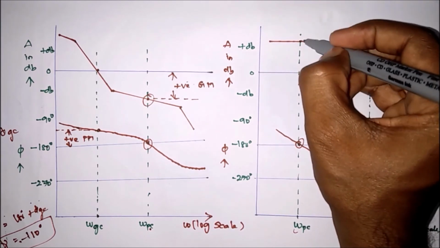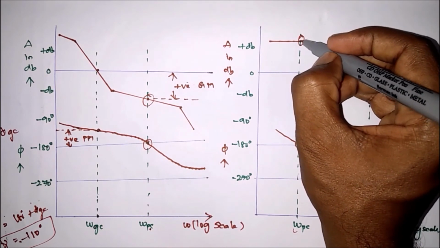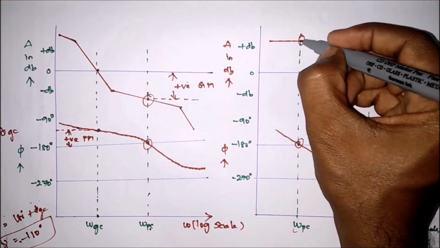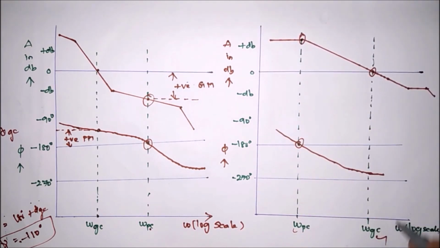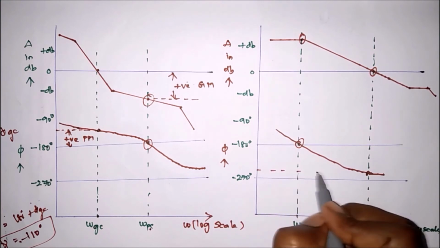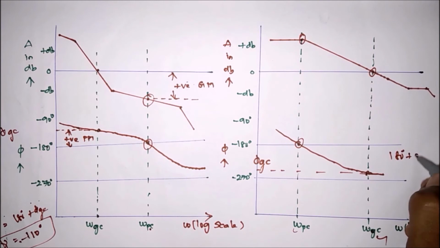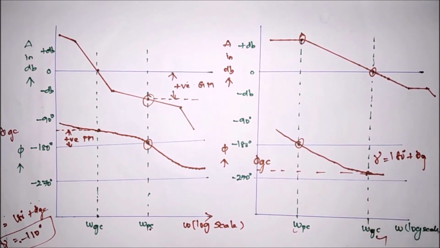The magnitude at the phase crossover frequency is the gain margin. So this is the gain margin value. At the gain crossover frequency, the corresponding phase angle is phi GC. From phi GC we can calculate the phase margin, 180 plus phi GC.